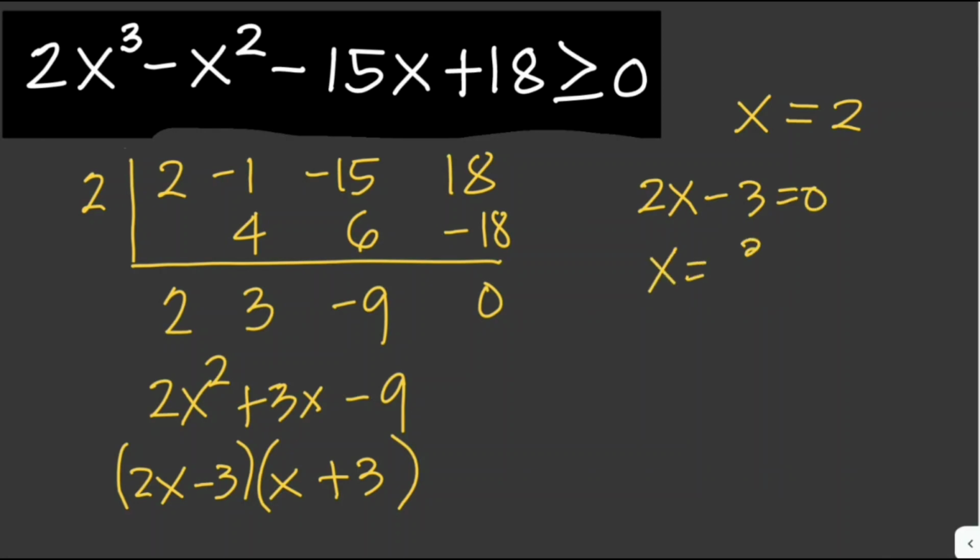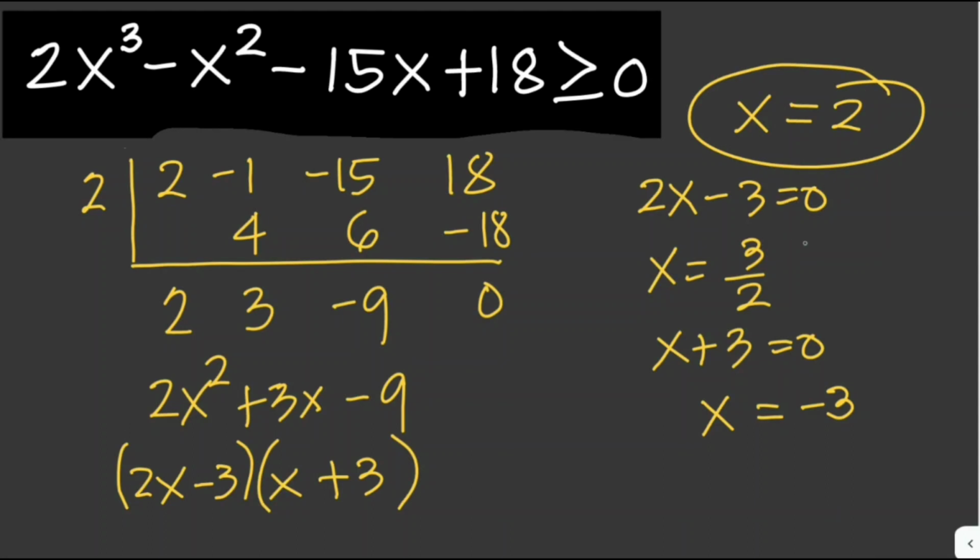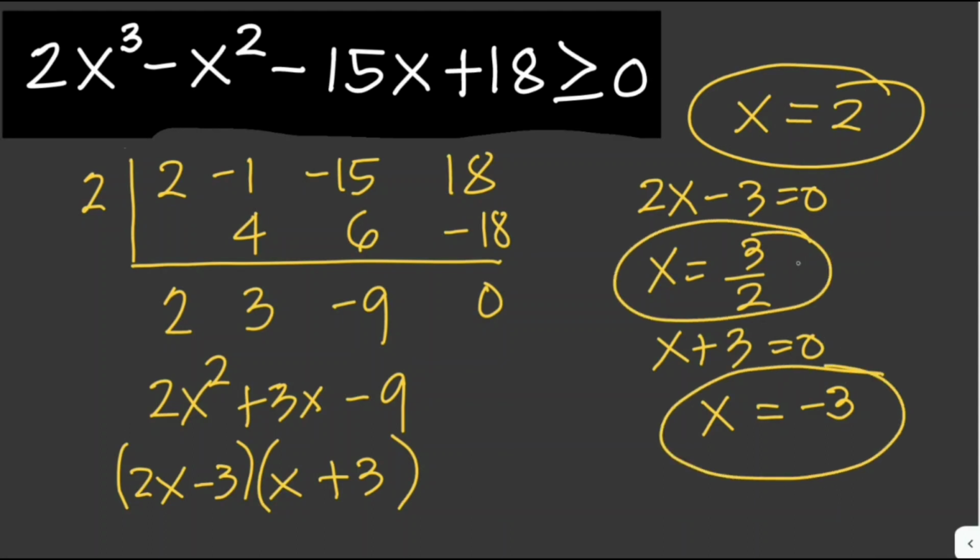Then x here is 3 halves. And the other one is x plus 3 equals 0. So this is negative 3. So the critical points that we are interested in are 2, 3 halves, or negative 3. 3 halves is 1.5.